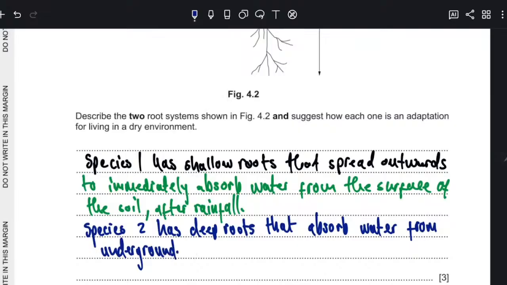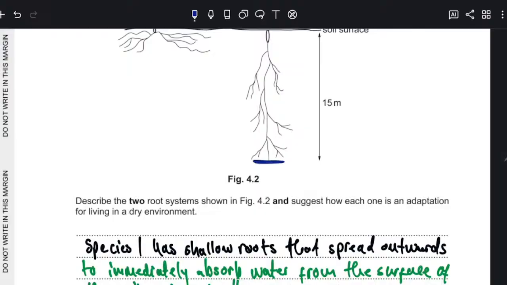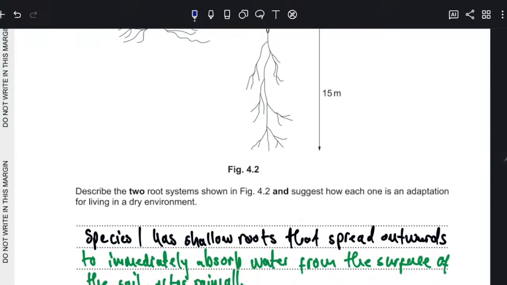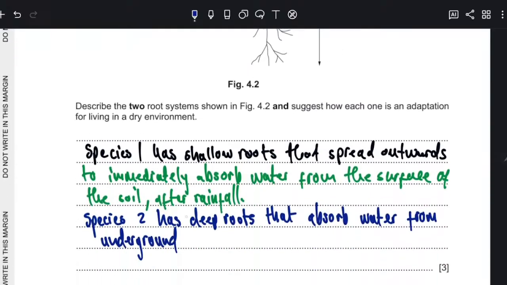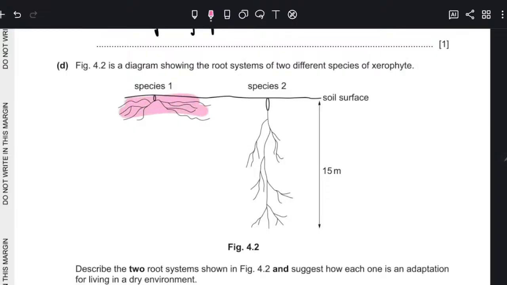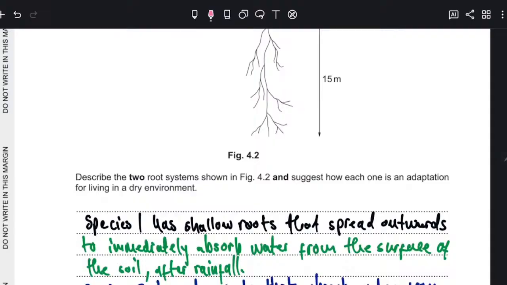Are we together? It has deep roots that are about 15 meters long, and you can say that absorb water from underground. This one absorbs water after rain. This one goes deep down and finds water from underground.